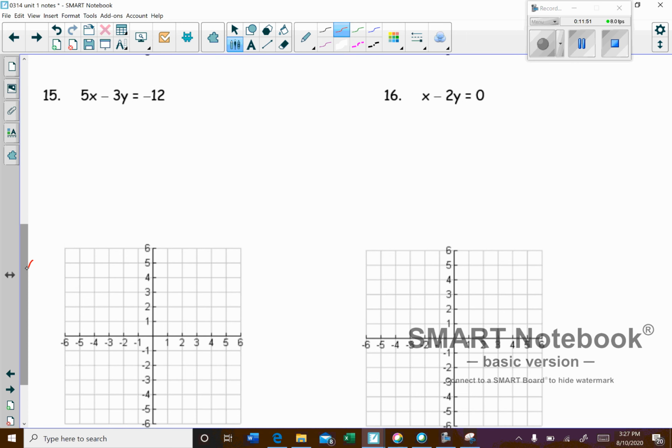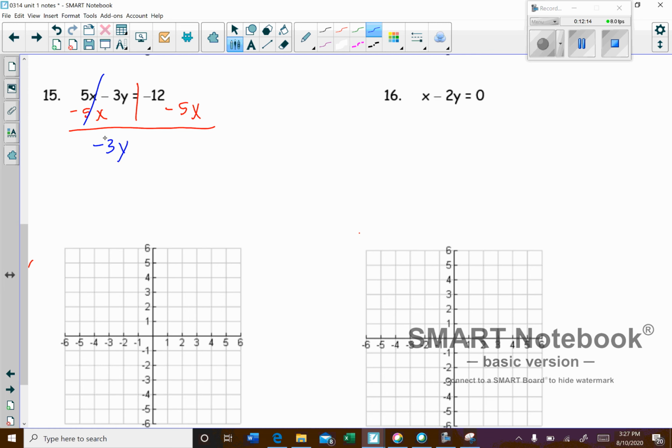Okay, so on this first one, let's see, I've got 5x minus 3y equals -12. So got a couple steps involved here. The first thing I'll do is isolate the y to one side. So I'm going to subtract 5x from both sides. So that cancels out. Now be careful, I'm left with -3y.